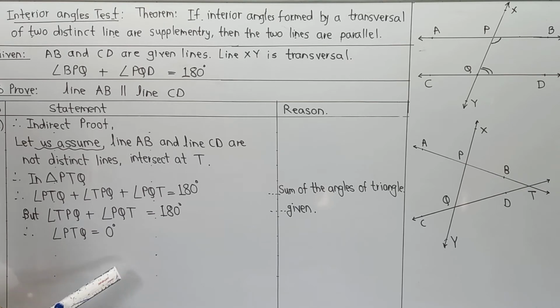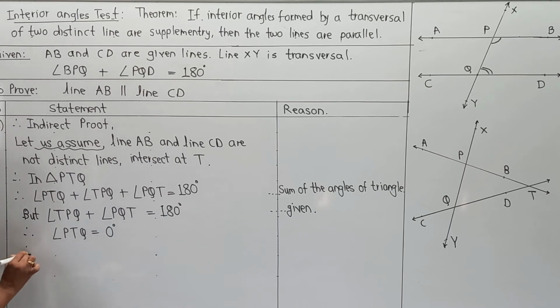If PTQ is a 0 degree angle, then we had taken this angle as some value, but now as it comes out as 0 degrees, it means there is no possibility that AB and CD intersect each other. It itself indicates that our assumption is wrong. So whatever assumption we have taken is wrong.